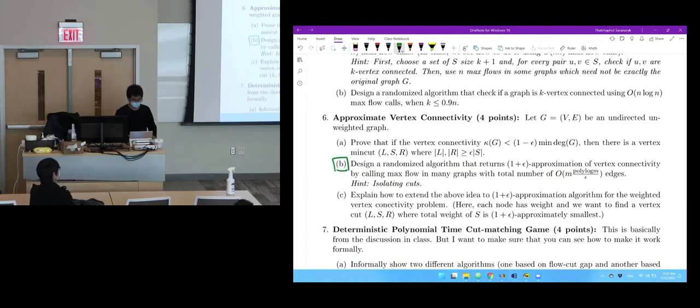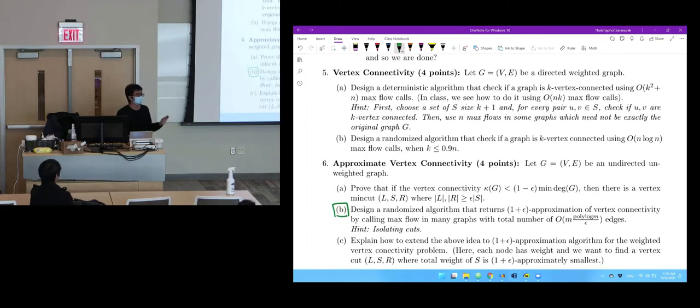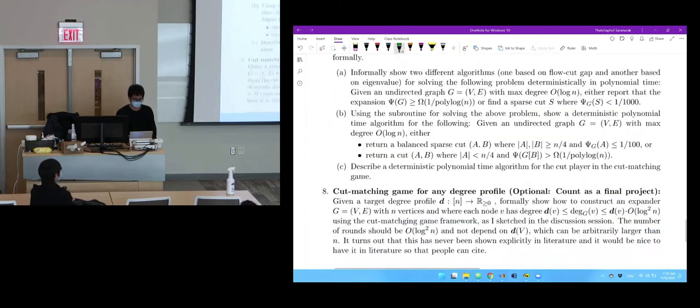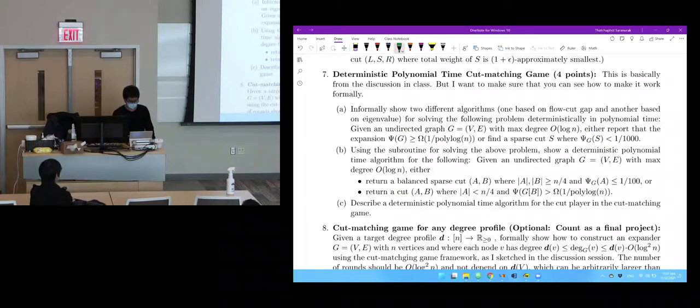Oh wow, 6B is the only thing. Anything else at all? It's fine, we can discuss many things. 7, you have already discussed in class. Yes, 7 was discussed in class, I just want to make sure that you can make things formal.